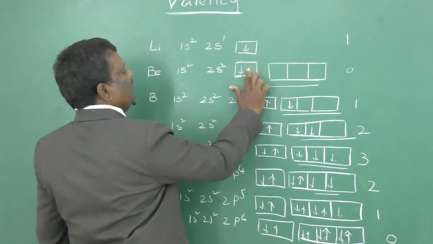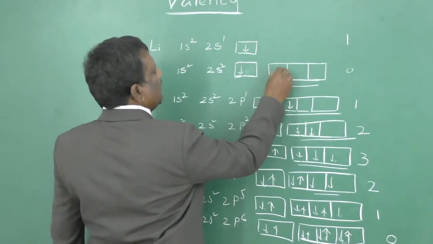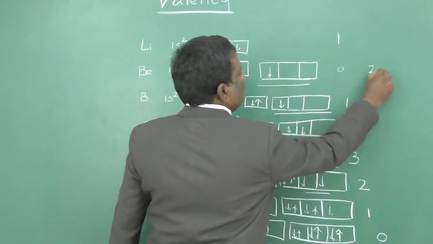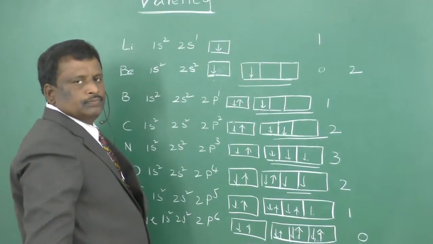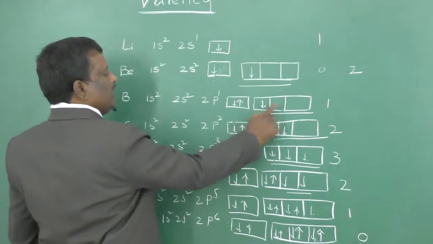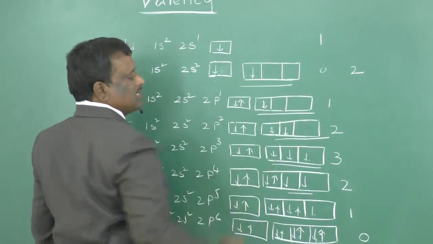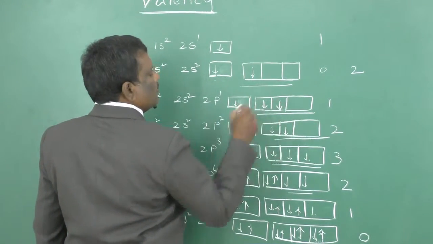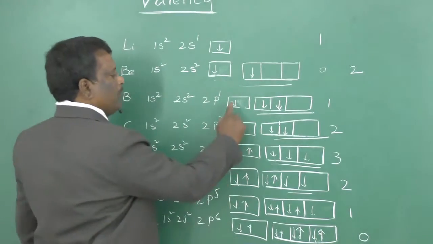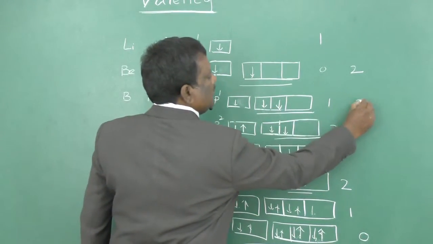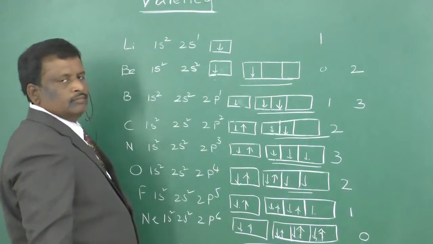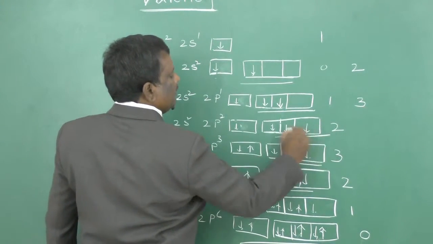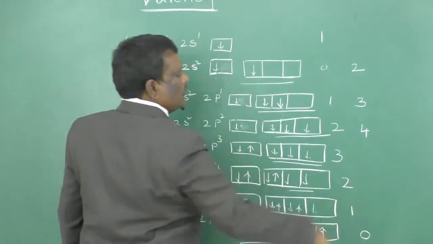This pair of electrons will uncouple and enter here, so that it will have 2 electrons and its valency will become 2. Here in this case we have only one electron, so its valency is considered as 1. But in extraordinary cases, this electron will move to this side, so that the number of unpaired electrons will become 3. Here also we have an empty orbital, so when this electron enters here, it becomes 4, so it exhibits 4 valency.